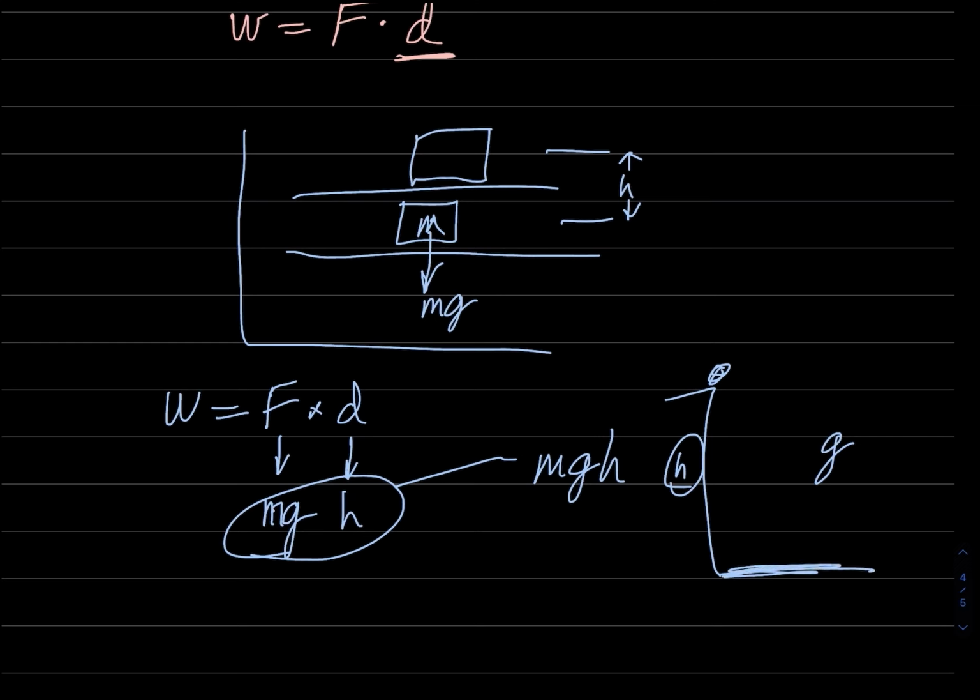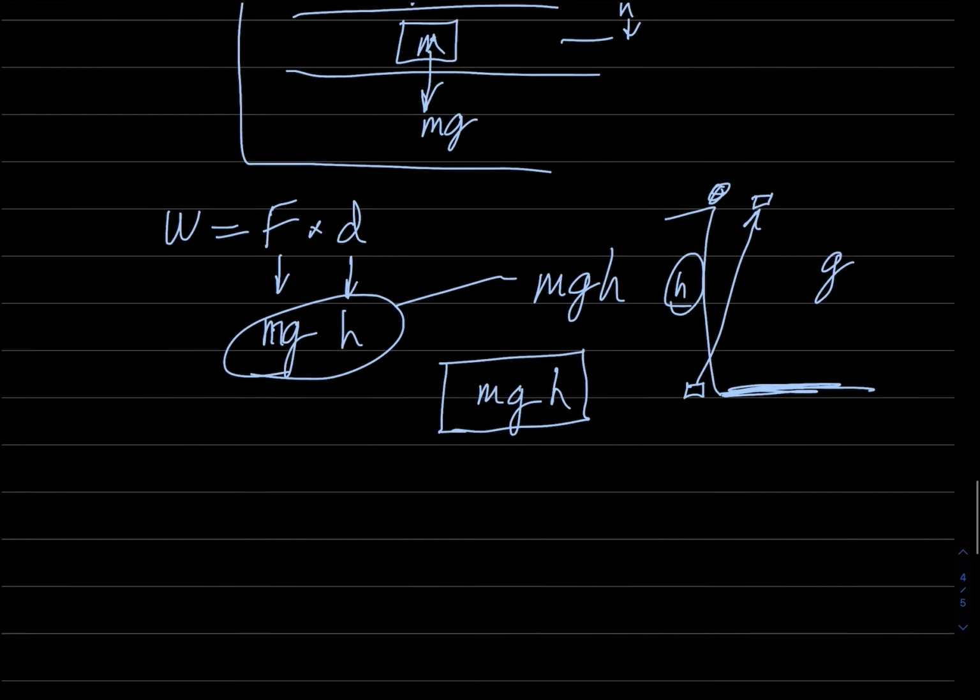So that means if you have a mass that's sitting on the ground and you raise it to a height h above the ground, you've moved it a distance h against a force of mg, and you've done this much work to the mass. But that looks just like potential energy, and indeed this is the units of energy. Work has units of energy.